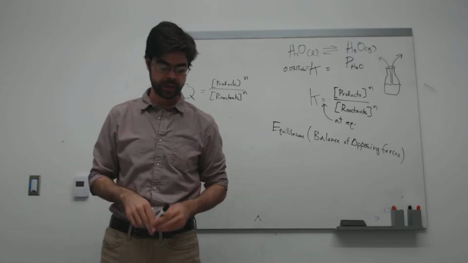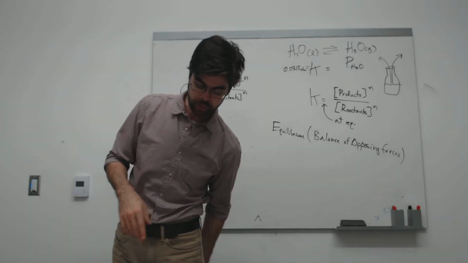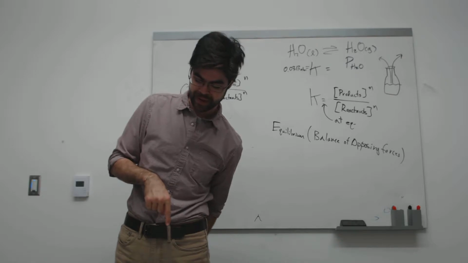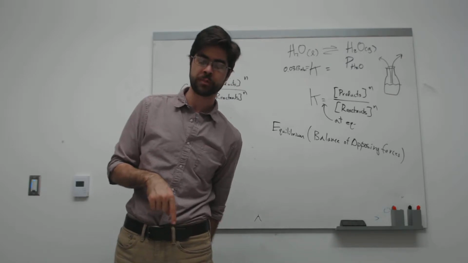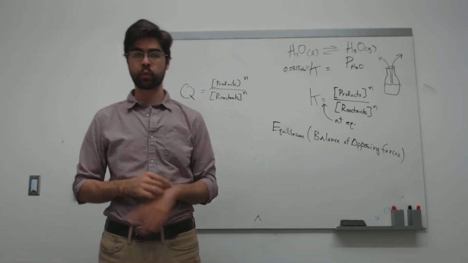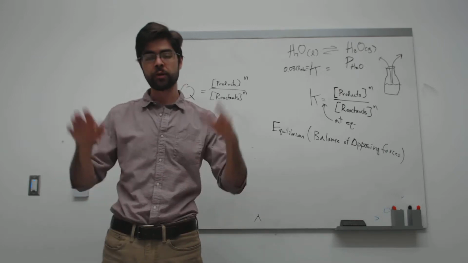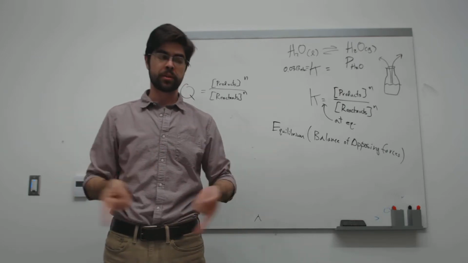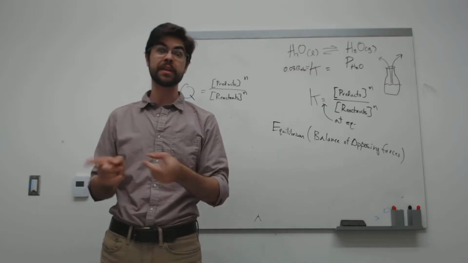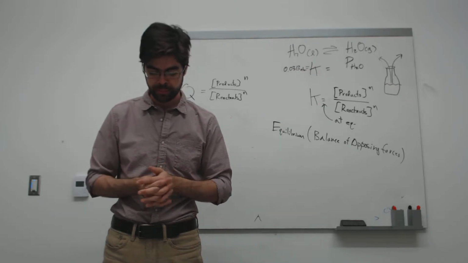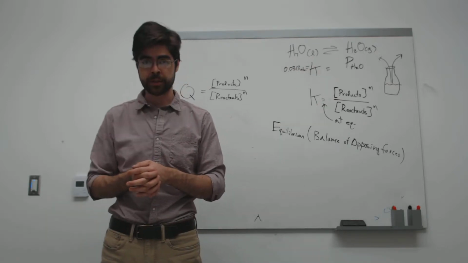We need to exert some force of our own to make the water go back. That would be a non-reversible or an irreversible process. So that system will never reach equilibrium. For a system to reach equilibrium, the process that's going on in that system needs to be reversible in some way.